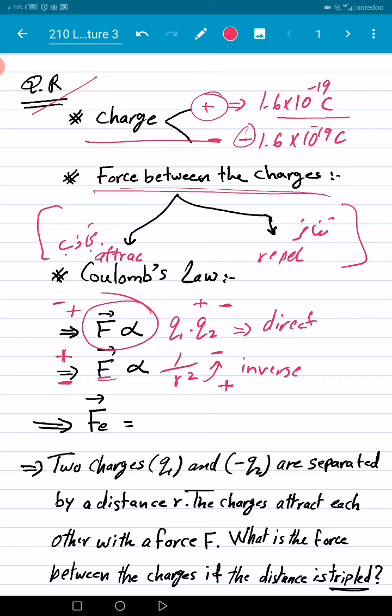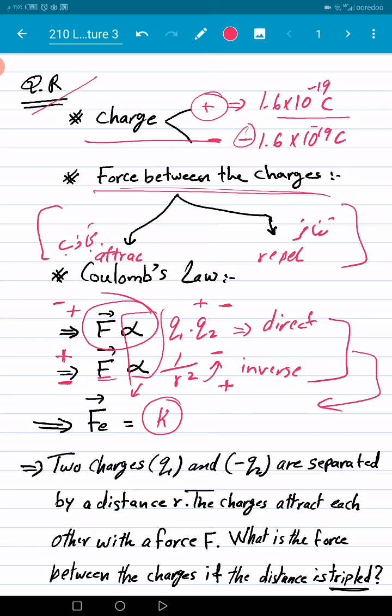From these two relations, Coulomb put his law, and we know in mathematics when we change the proportionality to equality, we need a constant value k.